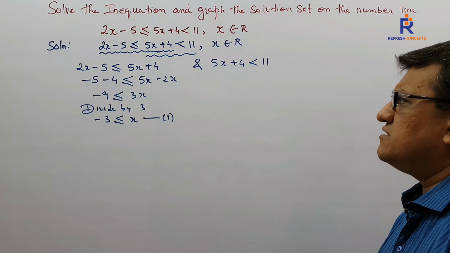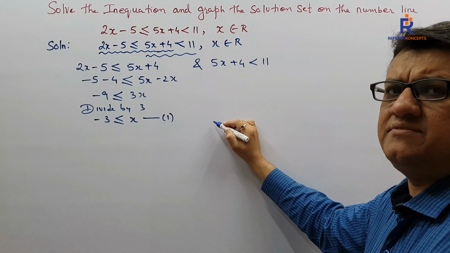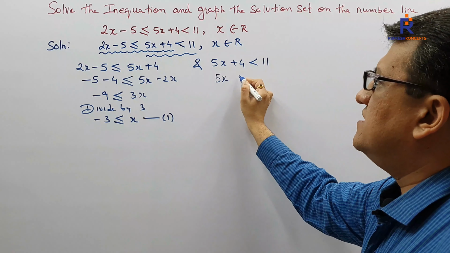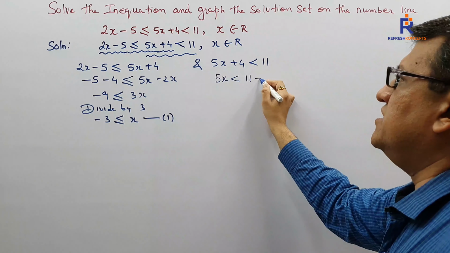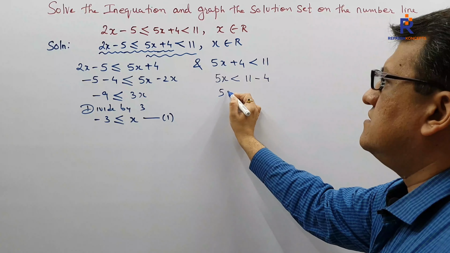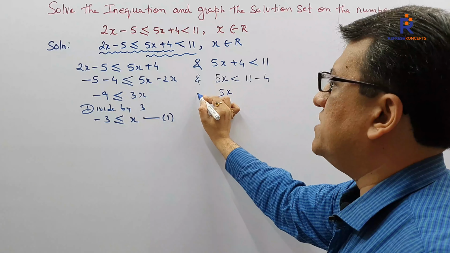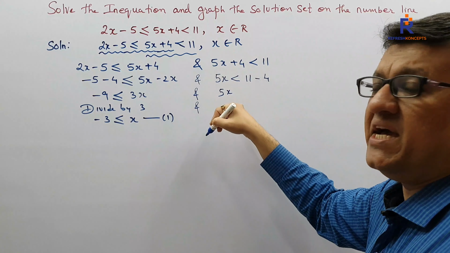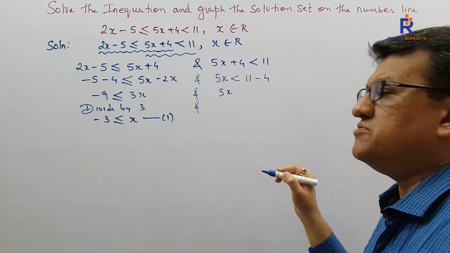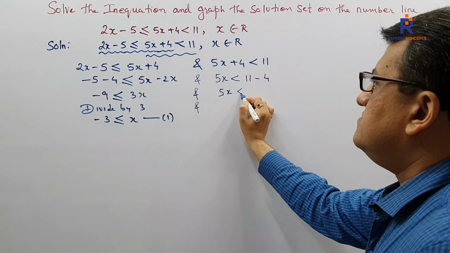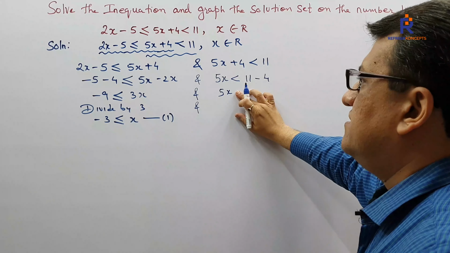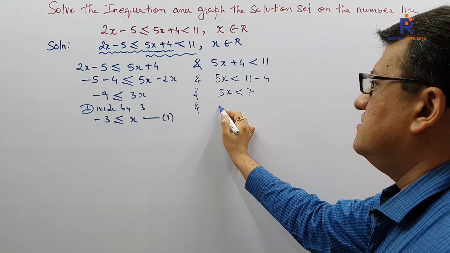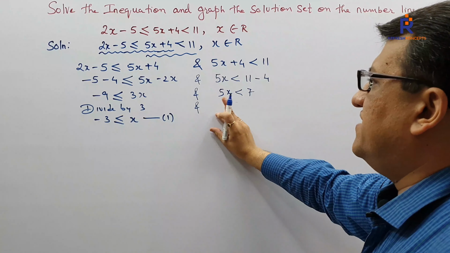How about the next one? We are going to solve on the same lines. 5x plus 4 less than 11. So can I say 5x is less than 11 minus 4? Keep writing down the steps in between. 5x less than 7.